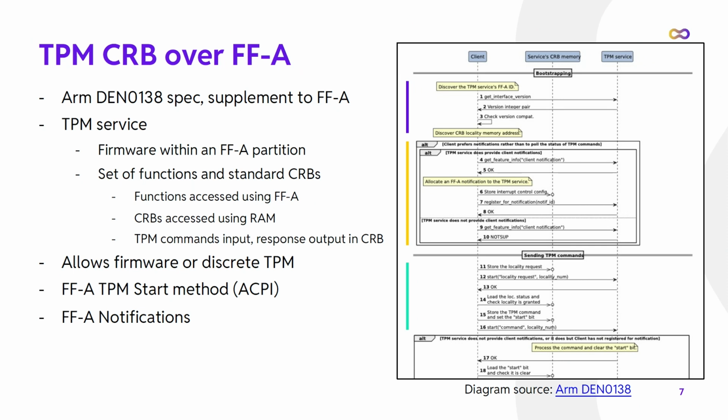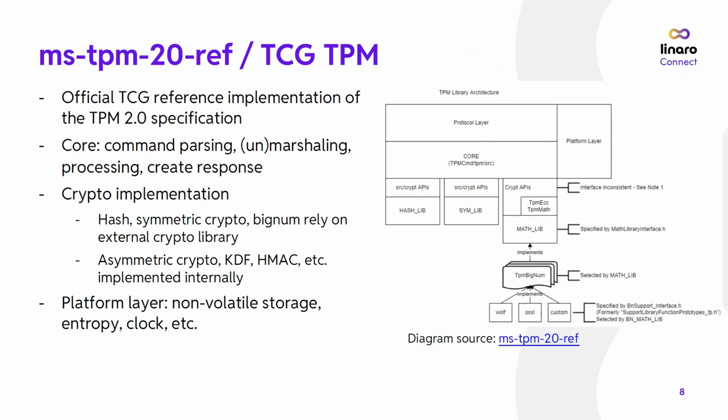So this is the basic message flow of how TPM CRB over FFA uses FFA and the CRB memory regions together. And finally, this specification allows use of FFA notifications, which is a mechanism to asynchronously notify the client about some event, like end of a long-running operation, but this is not supported in trusted services yet.